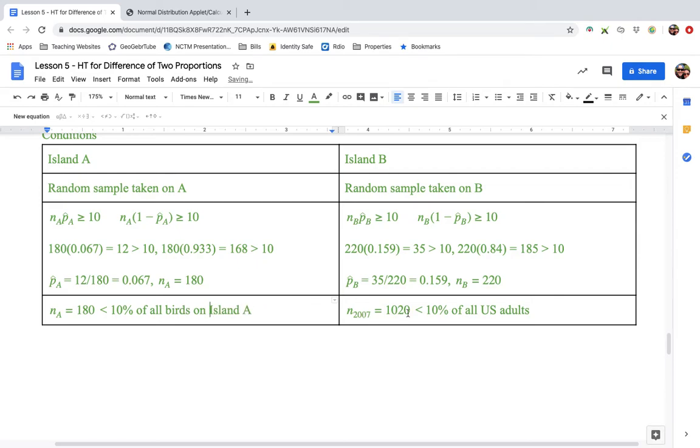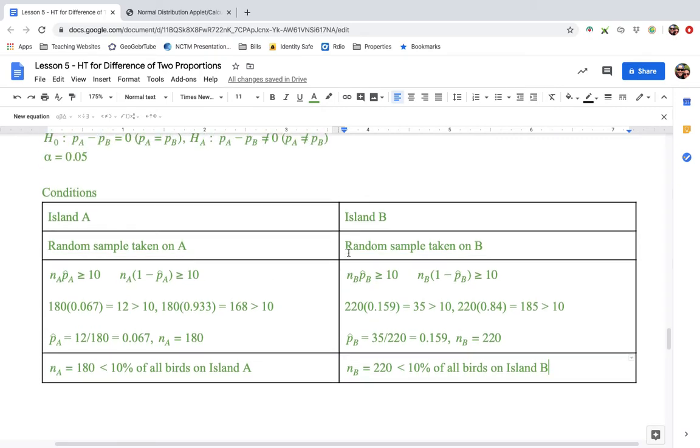That's pretty reasonable. 220 over here for island B is probably reasonable too, less than 10% of all birds on island B, just because there's probably a lot of birds on that island. So that means all of our birds are independent of each other. It doesn't take too long to check these. I'm typing and talking at the same time.